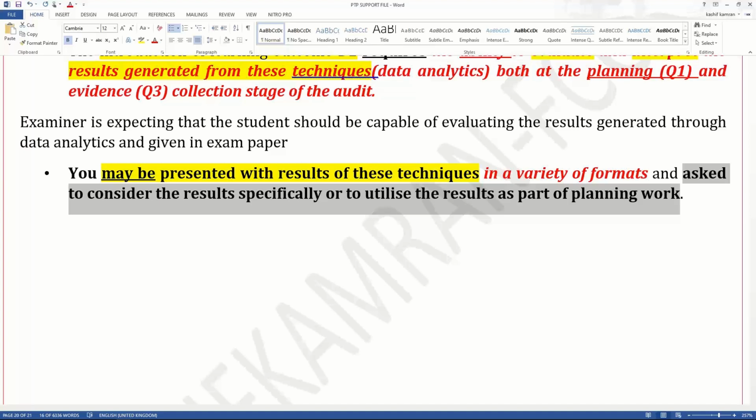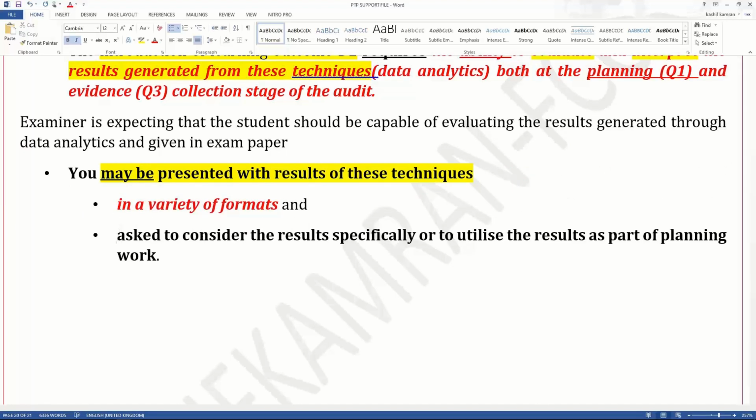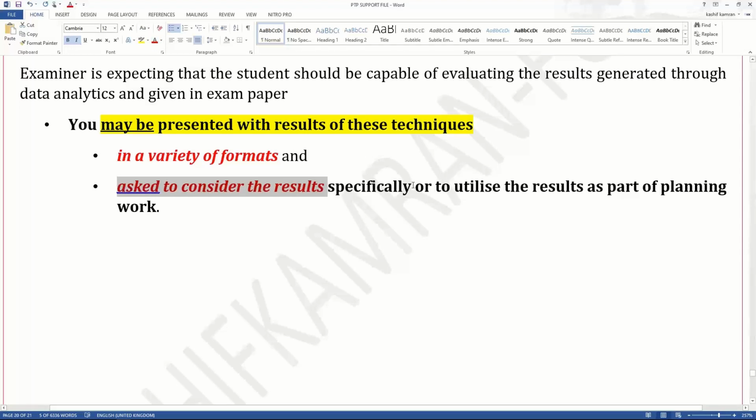So you might be presented with the results in a variety of formats and asked to consider the results specifically, or to utilize the results as part of planning work.